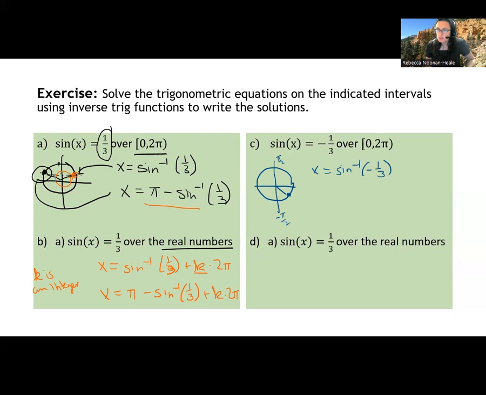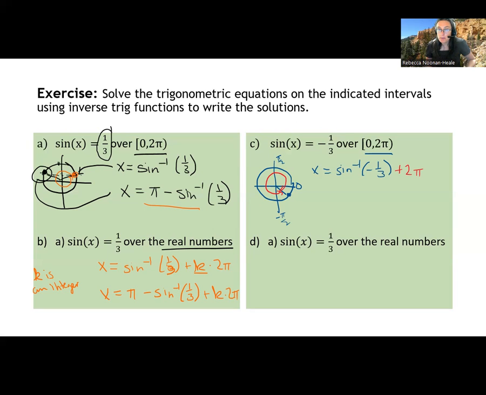But it's going to be between -pi/2 and 0. And I want it to be from 0 to 2 pi. So I am going to need to take my negative angle and add an entire 2 pi to it to get it to be inside the interval from 0 to 2 pi.